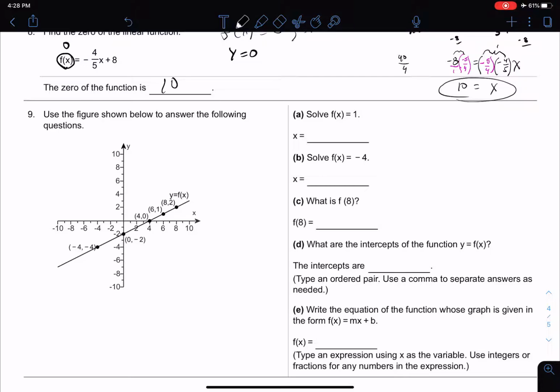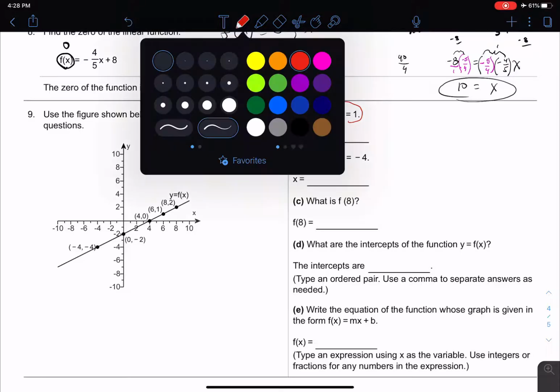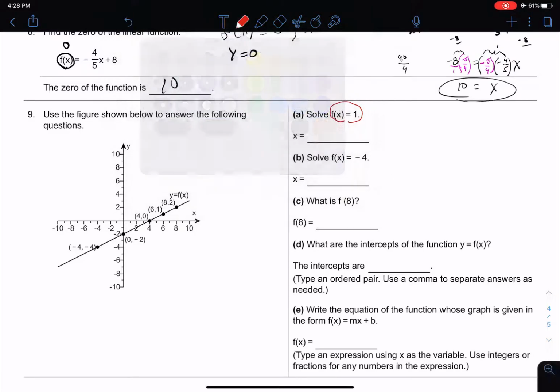What does this mean? Basically it means y equals 1, then the question is, what x goes with that?